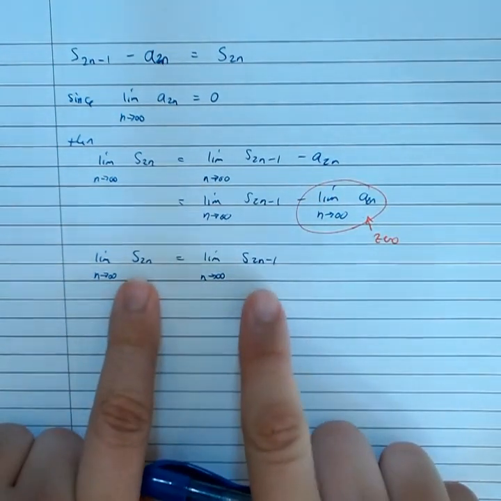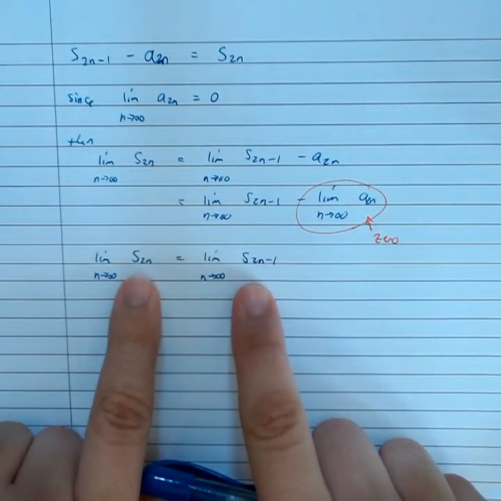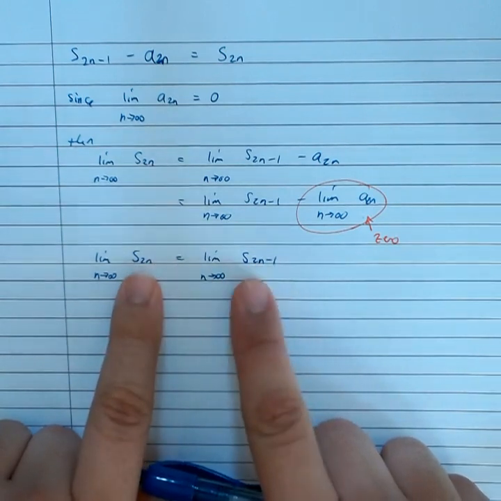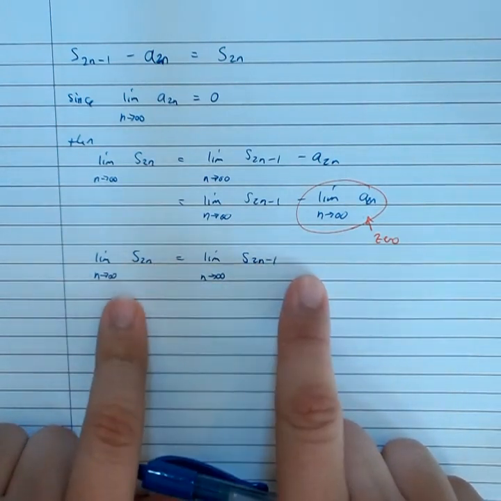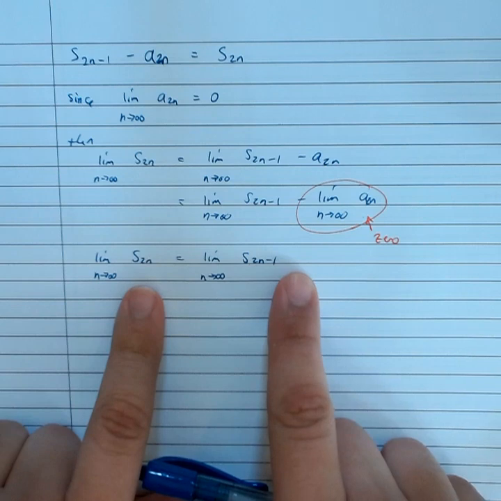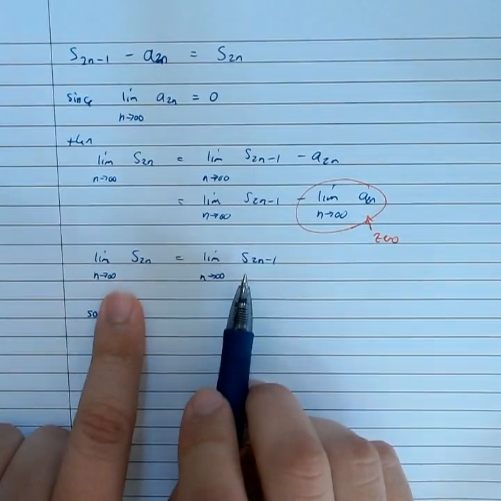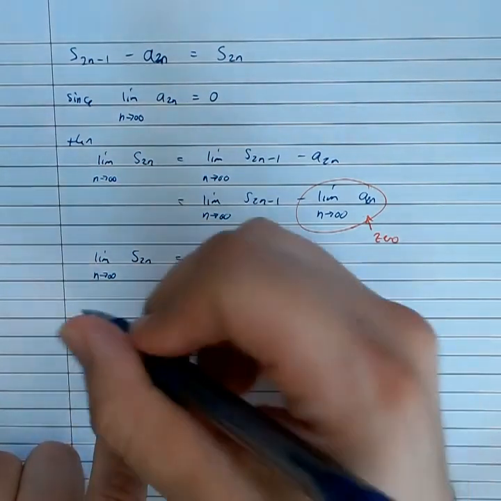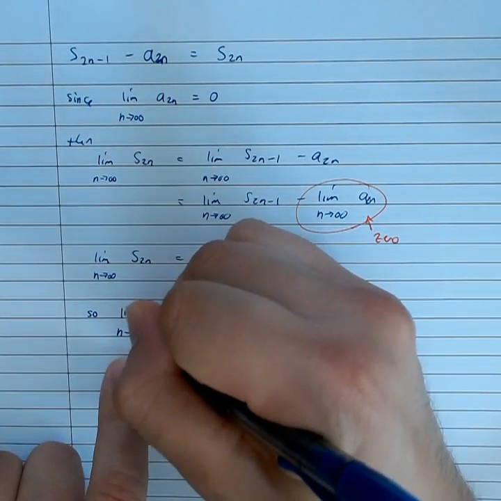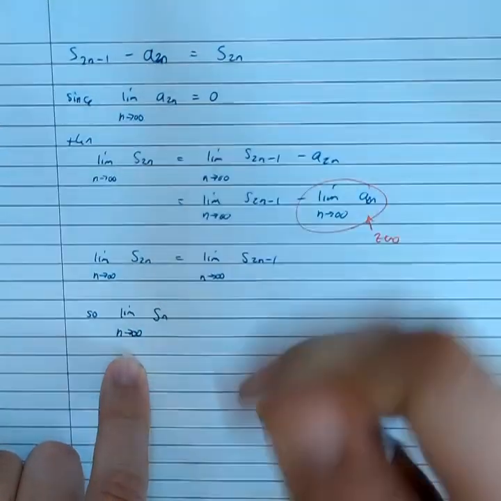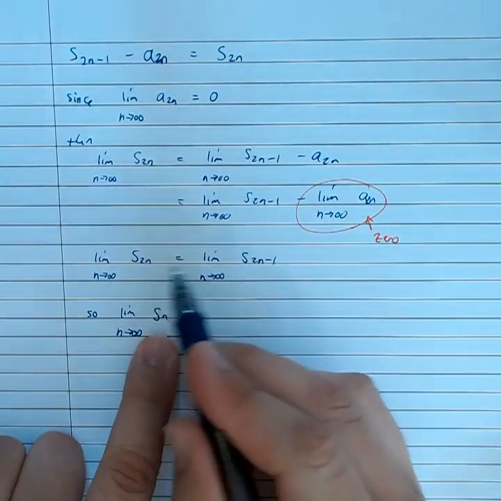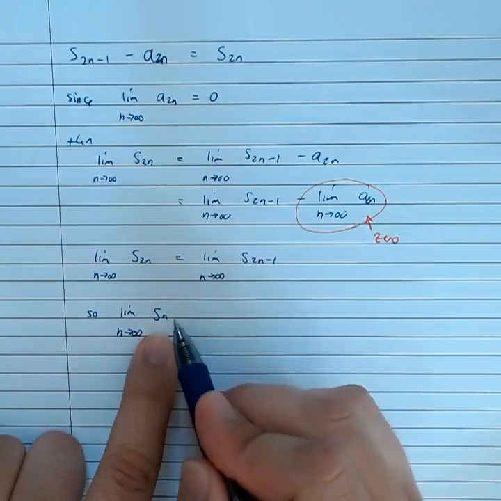What that means is it doesn't matter if you have the even partial sums or the odd partial sums, they both do the same thing. They both go to the same limit. So it's going to be true for all of them. So the limit as n approaches infinity of S sub n, it doesn't matter if n is even or odd, so we don't have to distinguish them. We can just say n.